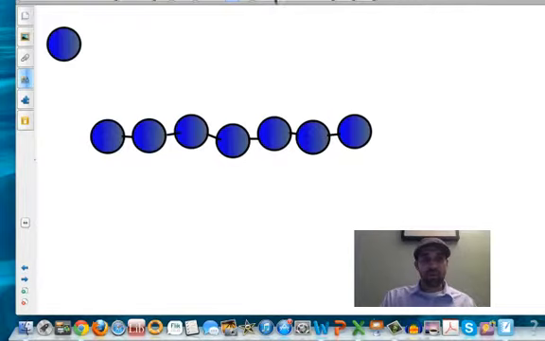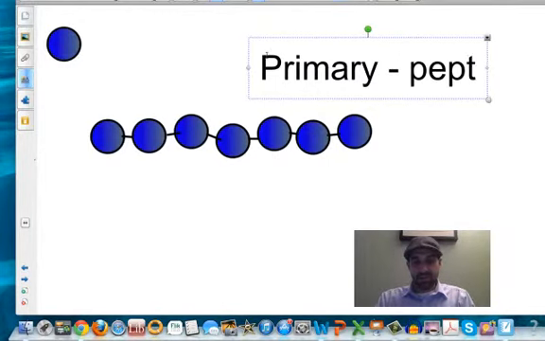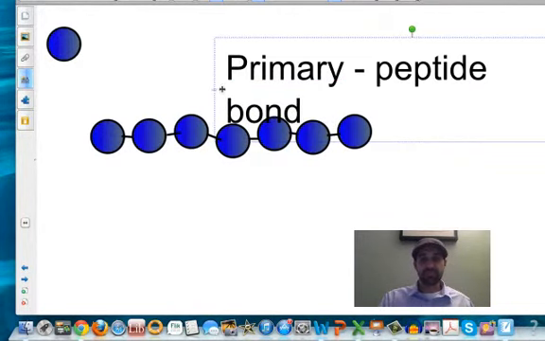You get the idea that this is a peptide bond. So when it comes to primary structure, a simple way to remember is that primary structure has one type of bond. So we've got primary, and it has the peptide bond. Okay, so again, I'm not teaching everything to y'all because you guys are going to do this on your own, hopefully.